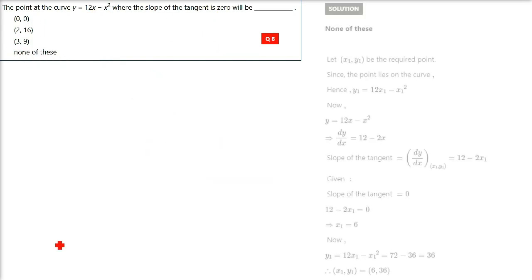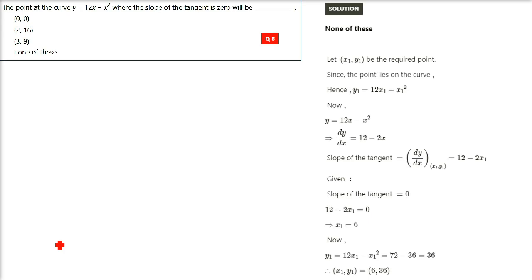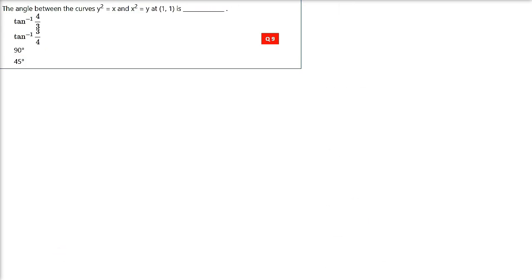Let me show you the reference solution that you can follow to solve this question. The angle between the curves at (1, 1). First let me reiterate that two lines have an angle between them, but two curves don't. So we find the tangent at this point, and the angle between the tangents is the angle we are expecting.